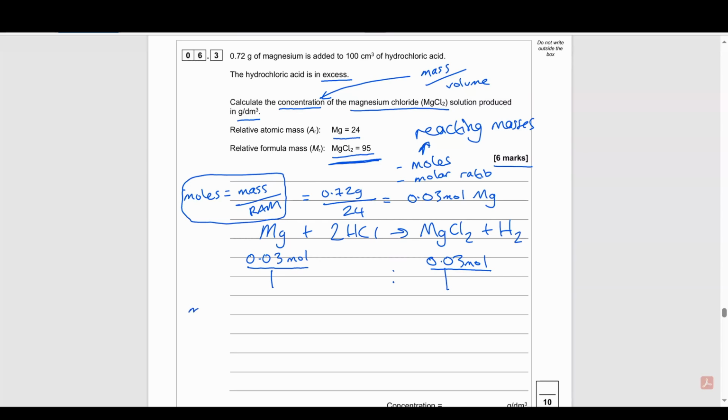So to find the mass, that would be number of moles multiplied by the relative formula mass. And number of moles, as we just said, is 0.03, and we're going to multiply that by 95. And if we do that, we get a mass of 2.85 grams. So this will be our mass of magnesium chloride.